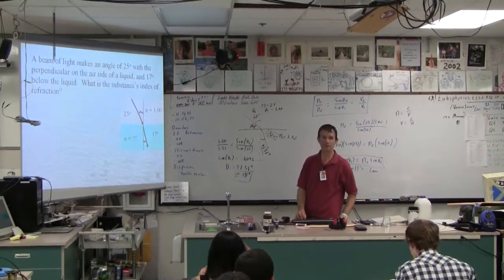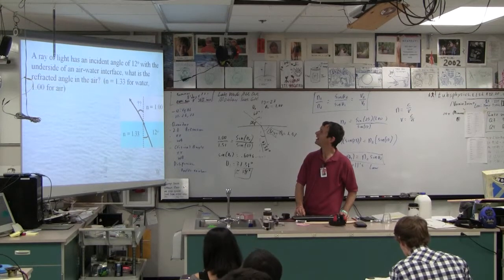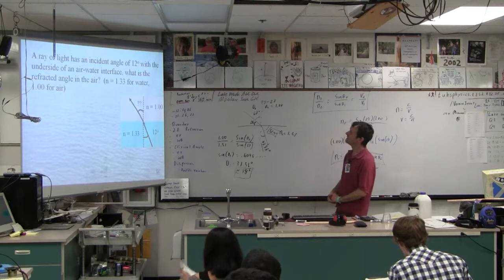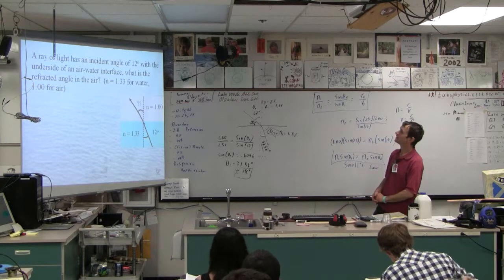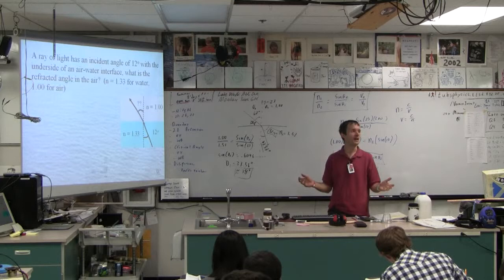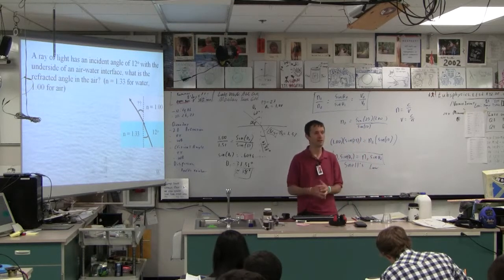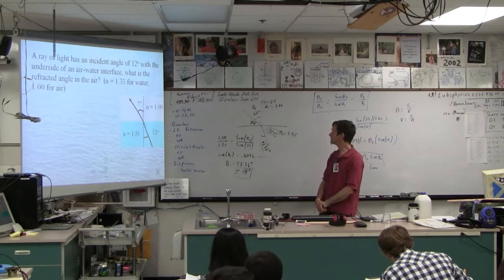All right, are we ready for the next one? A ray of light has an incident angle of 12 degrees. What is the refracted angle in the air? So in this case, I make the 1.33 n1 because that's the first place it is. That's my convention. It really doesn't matter which one you do.